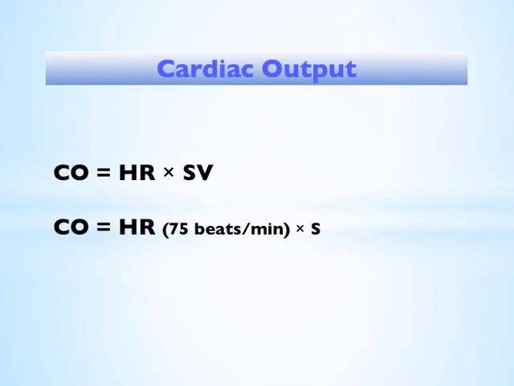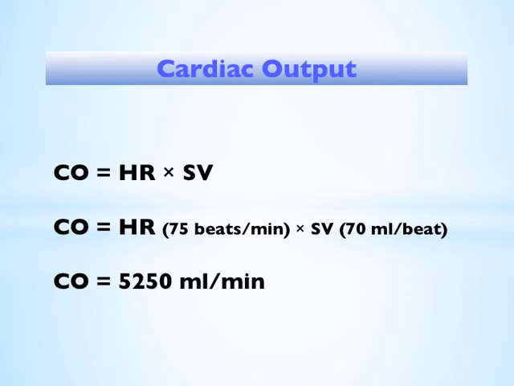Now, cardiac output is the amount of blood that the heart pumps out in a certain period, in this case in a minute. CO stands for cardiac output, HR heart rate, and SV stroke volume.